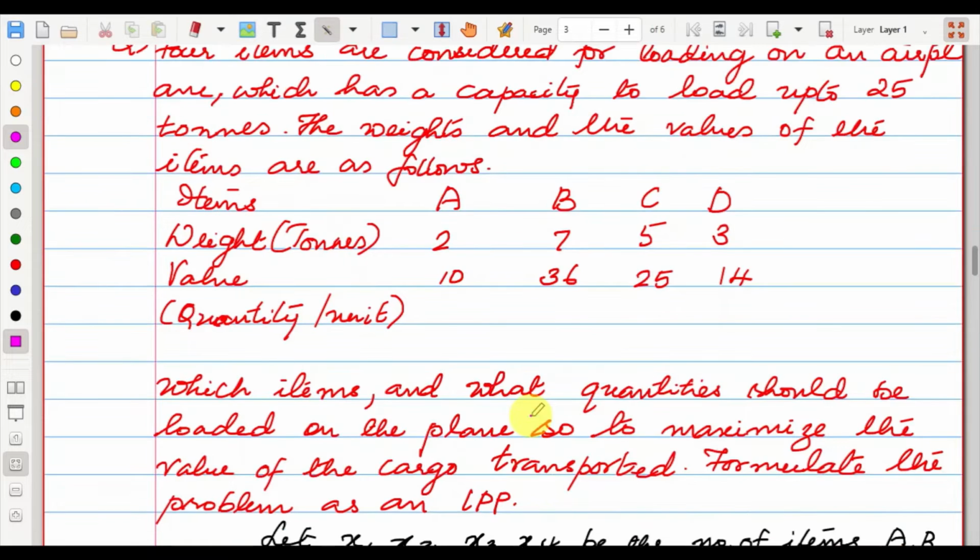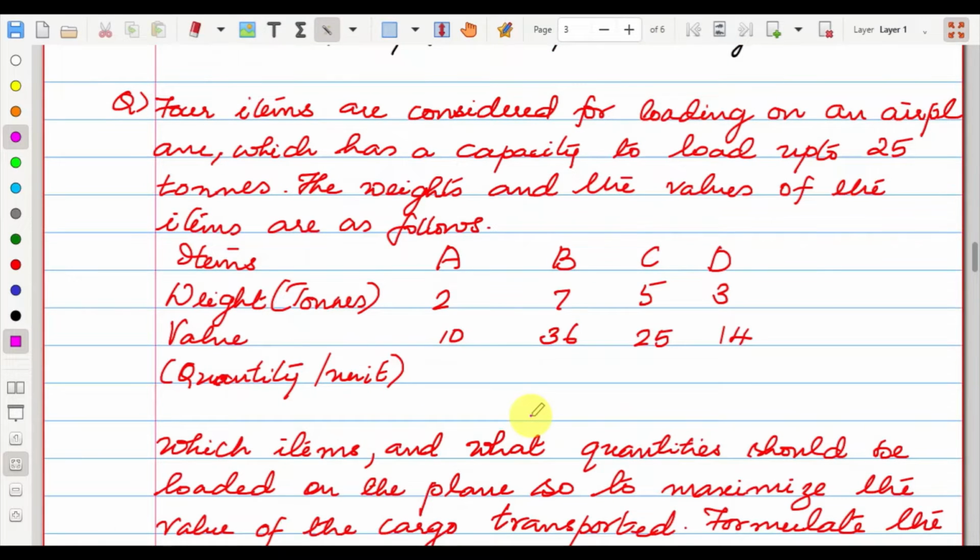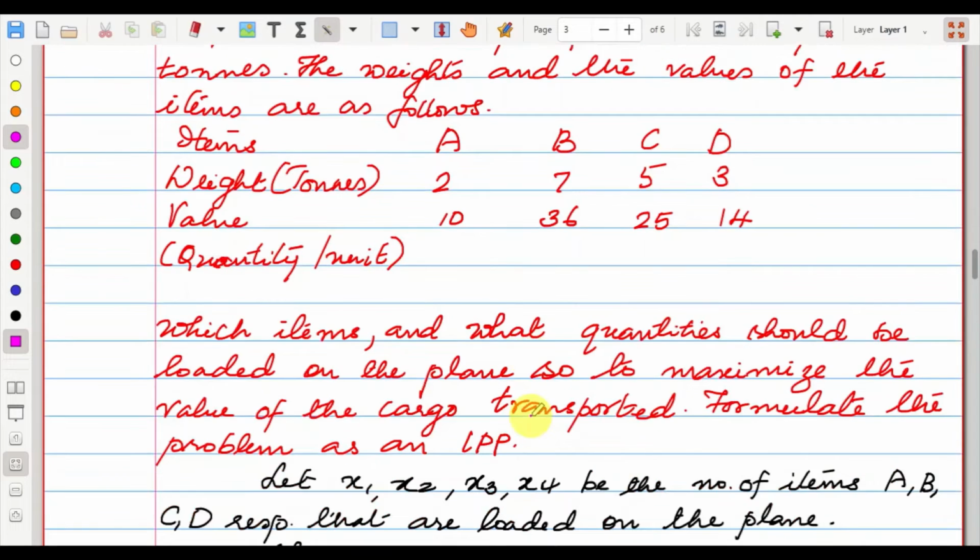Okay, how will you write this IPP? So we have four items, X1, X2, X3 and X4. Let X1, X2, X3, X4 be the number of items A, B, C, D that are loaded on the plane.